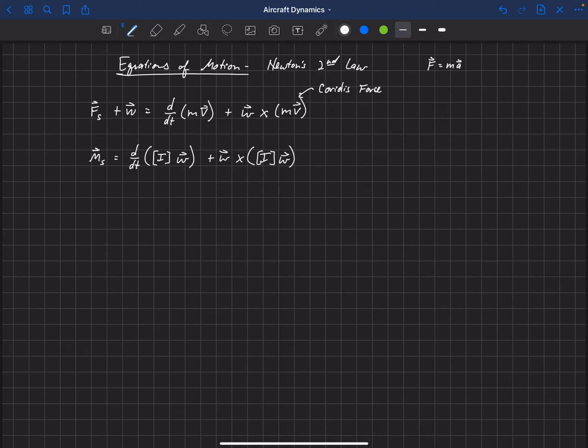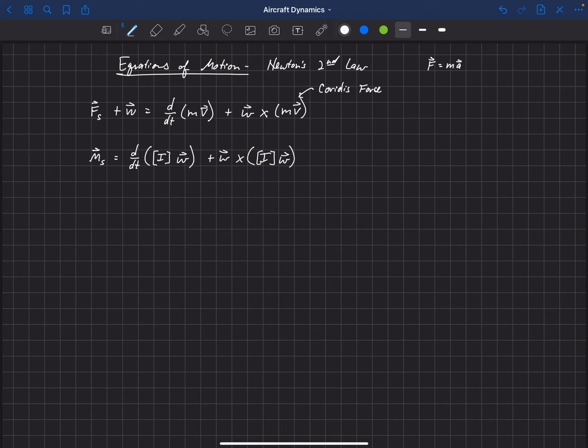Okay, so this is an identical equation, but that equates the moment on the aircraft to the rotational acceleration of the aircraft.